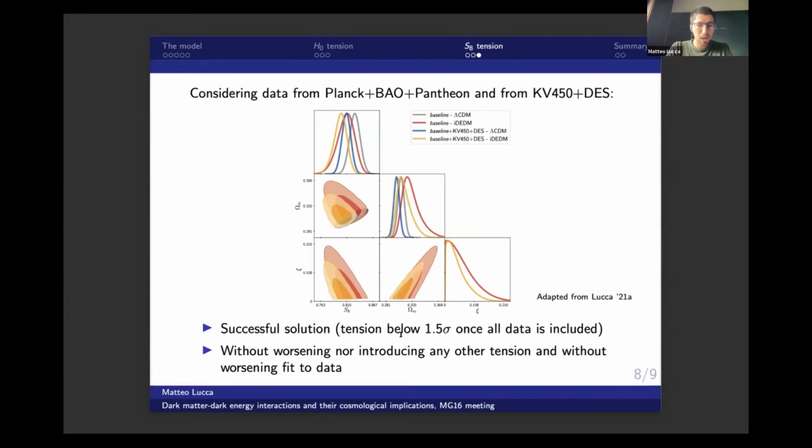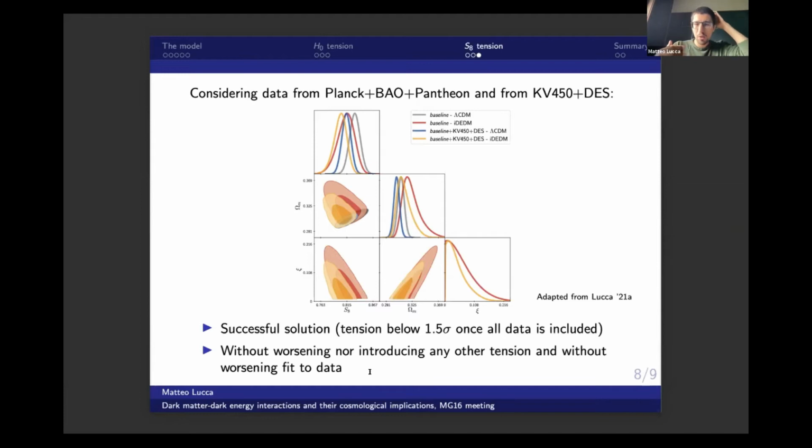And let me also remark that when xi is considered positive, you can solve the sigma 8 tension without worsening any other tension. So the H0 value stays very much compatible with the Planck prediction in lambda CDM. And you also do not worsen the fit to the data.